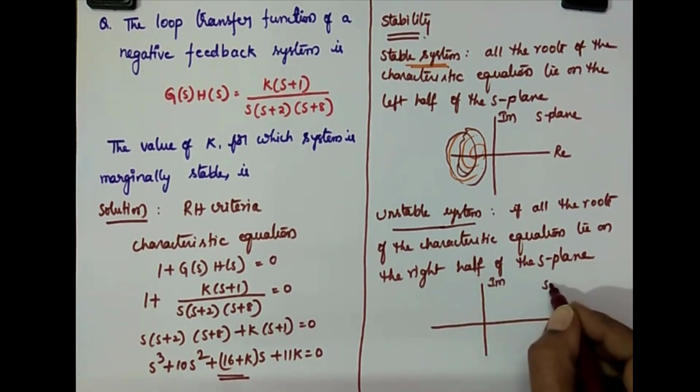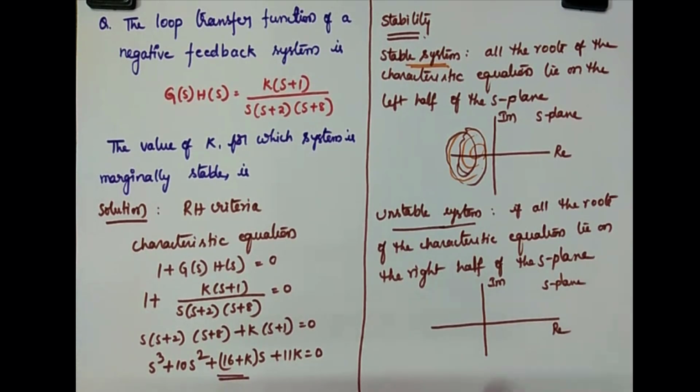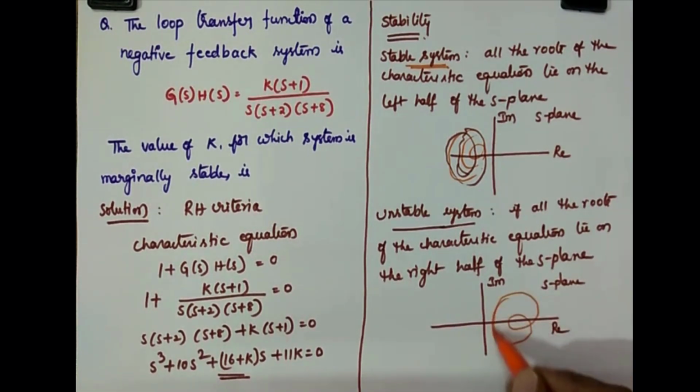If the roots lie in this region, then the system is said to be an unstable system.